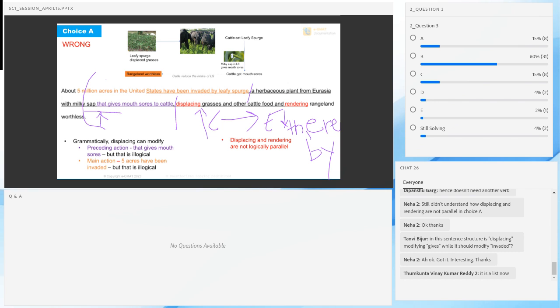So essentially, have been invaded by leafy spurge, a herbaceous plant that gives mouth sores to cattle. Yes, because of that. Why is it not modifying 5 million acres? Because it doesn't make sense for 5 million acres to displace grasses. That part is wrong here, right? But over here, because it gives mouth sores, that is why it is.